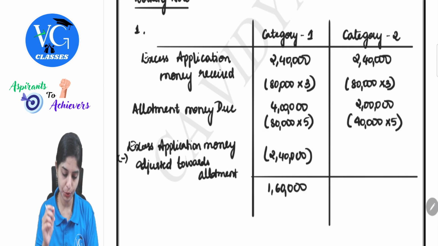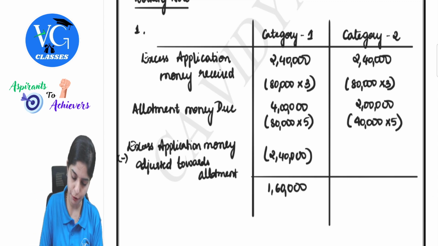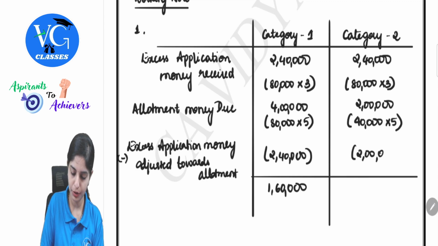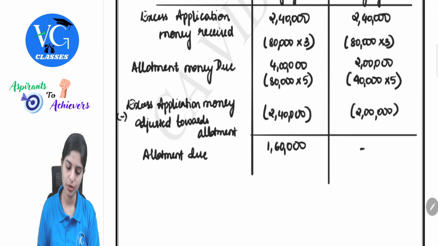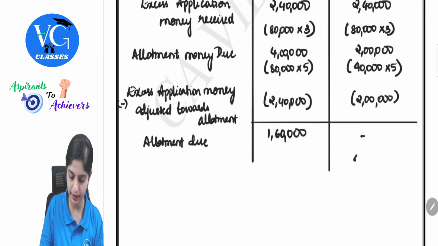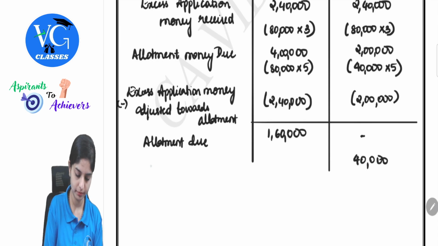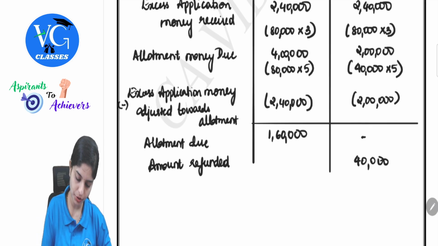Next, 2 lakh is the allotment money due, but excess application money received is 2 lakh 40. So I will utilize full 2 lakh. This is allotment due. So how much excess is available? 40,000 excess is available. This will be refunded to the applicants. I hope by this you would be now comfortable to understand this working note.